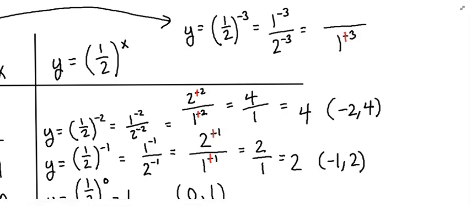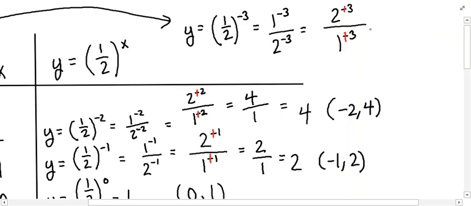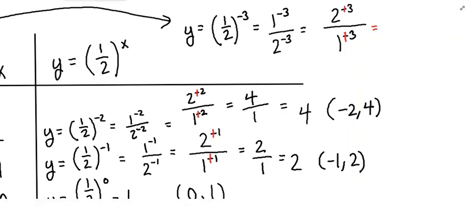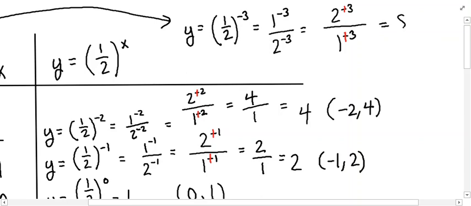And then 2 to the -3 power will move from the bottom to the top, but we'll change the sign of the exponent. So we're going to end up with 2 cubed. That's 2 times 2 times 2, that's 8, over 1 cubed, which is 1 times 1 times 1, that's 1. So you end up with 8. So if x is -3, y is 8.